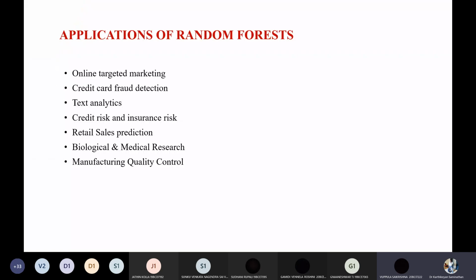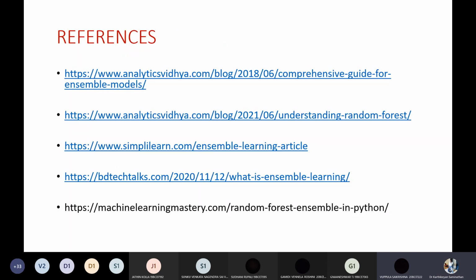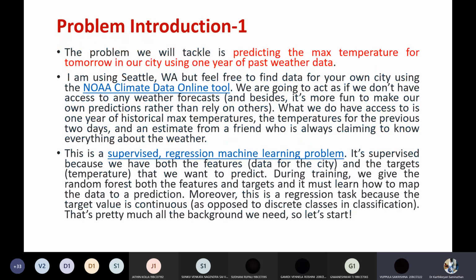Applications: online targeted marketing, credit card fraud detection, text analysis, credit risk and insurance risk, retail sales prediction, biological and medical research, manufacturing and quality control. So these are the references. I'll be giving you a few problem statements. If you are free and want to try something, you can try it even in our lab.